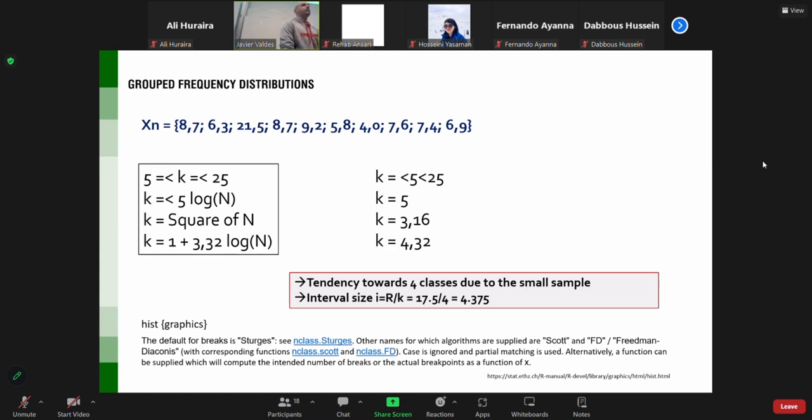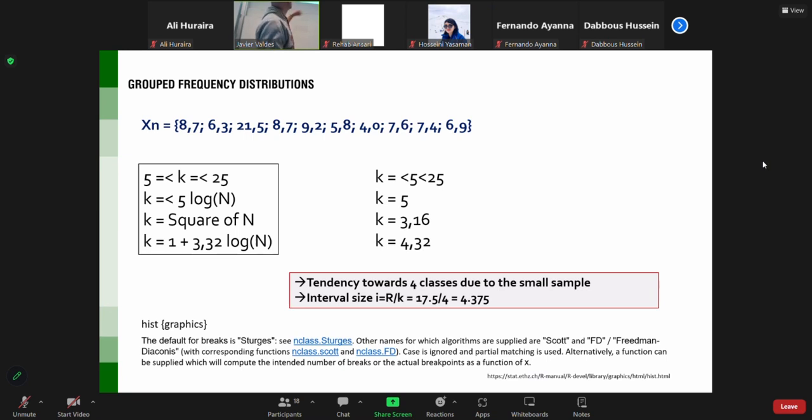Do we agree on this? So we don't use one thing, we use 4. We don't use one rule of thumb. We know, because we are experts, that there are many. So we can calculate all of them and decide the interval size is going to be 4, for example.